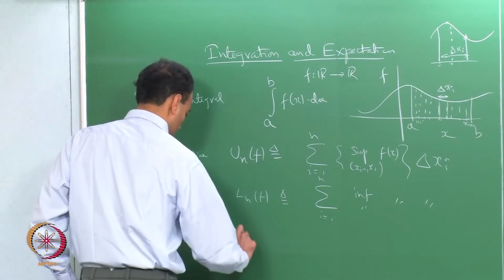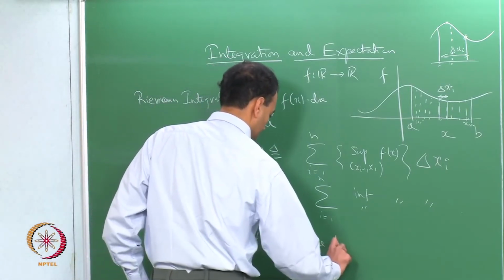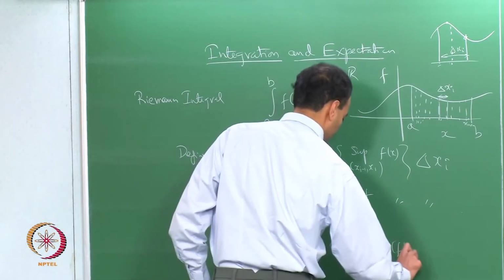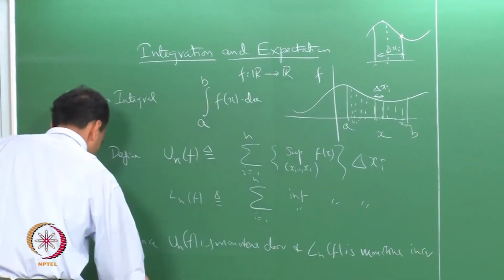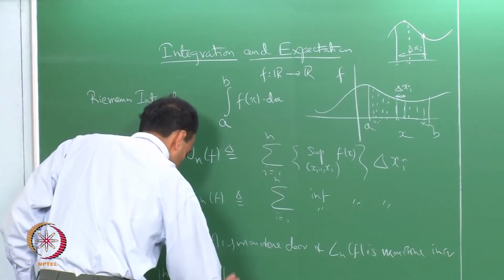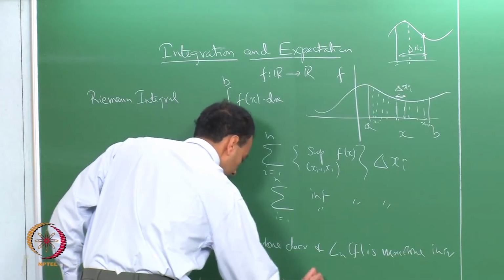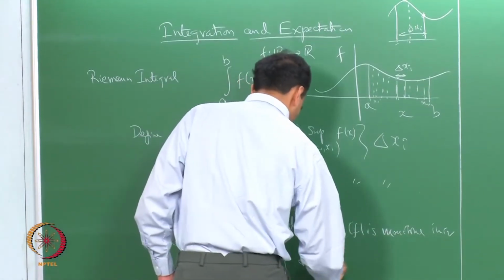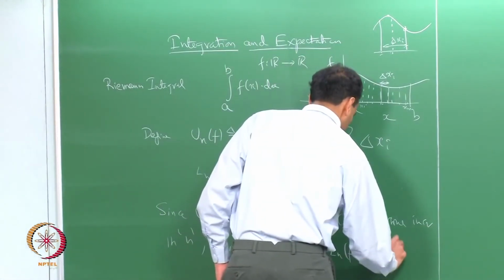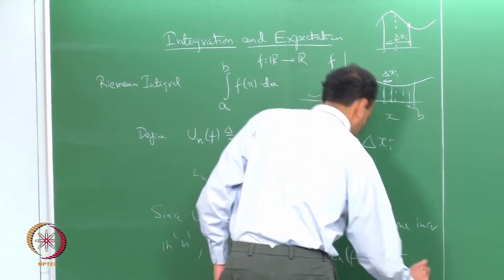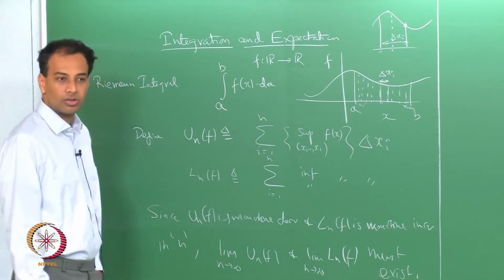So, since U n of f is monotone decreasing and L n of f is monotone increasing in n, the limit as n tends to infinity of U n of f and the limit as n tends to infinity of L n of f must both exist, right.